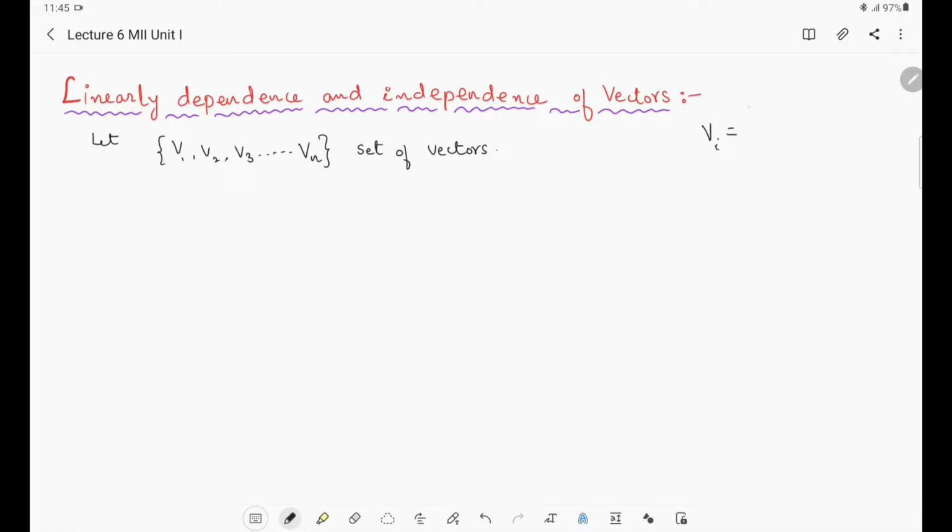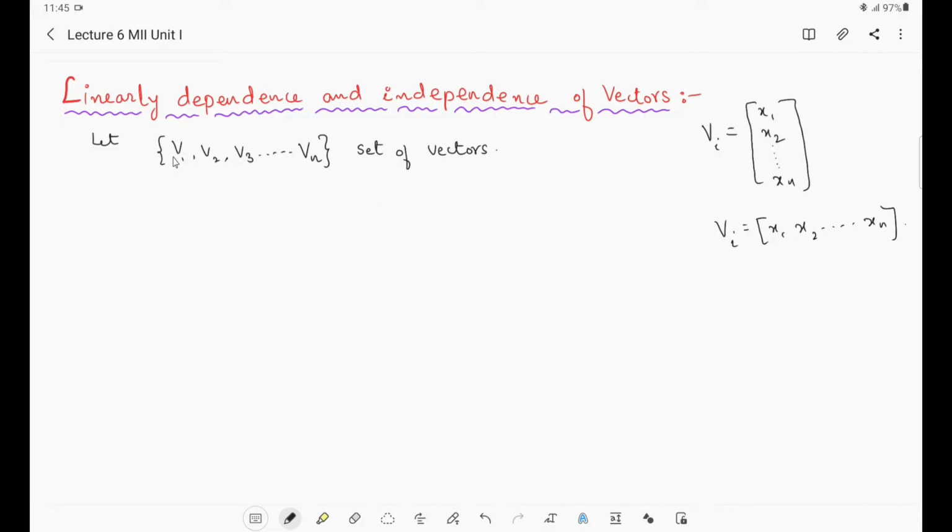It can be a column matrix x1, x2 and so on xn, or it can be a row matrix, that is Vi equals x1, x2 and so on xn, right? These in matrix representation are called vectors, right?